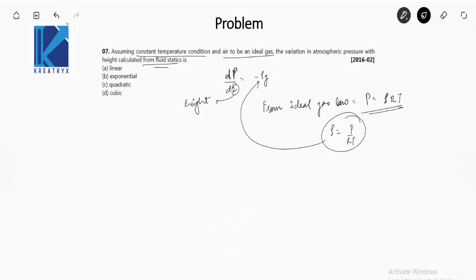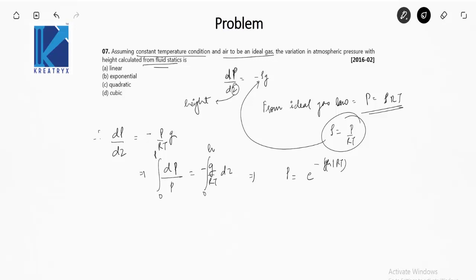Now what you get, dP by dz will be minus P by RT into g. Now it is only the integration part: minus g by RT dz, integrate it from 0 to H, solve this, and you will get the relation as P is equal to e raised to the power minus gH by RT.